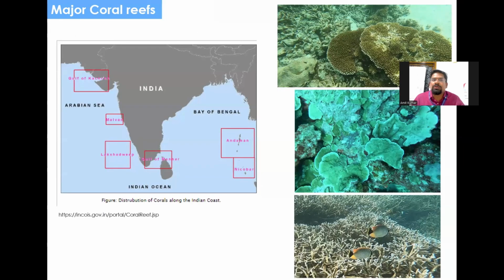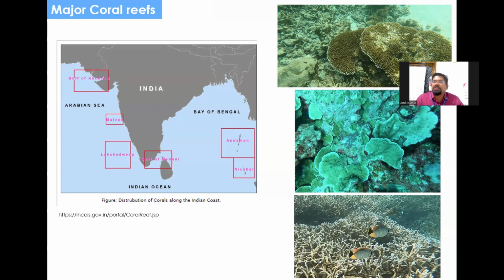If we look into the coral reefs, we can see in the map here that the majority of the coral reefs in our country are located in these 6-7 locations, starting from the Gulf of Kutch in the northwest India, then the Malvan region, Lakshadweep, Gulf of Mannar and Palk Bay, and then the Andaman and Nicobar group of islands.